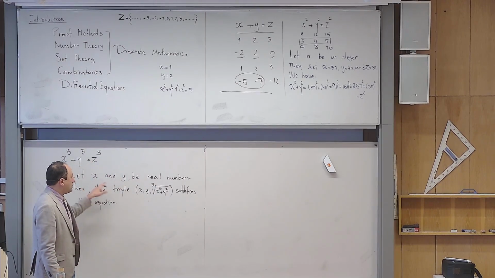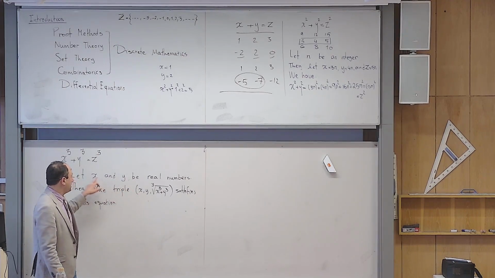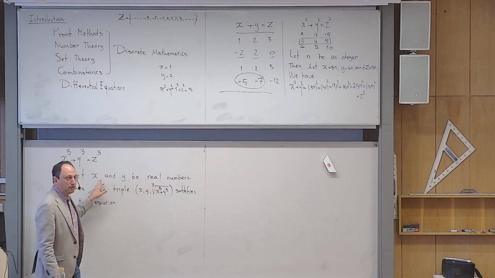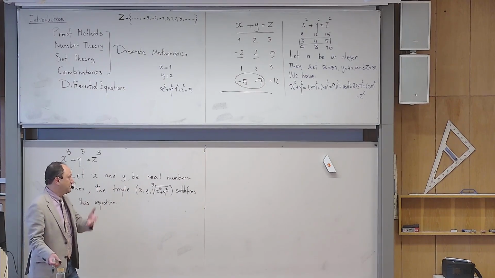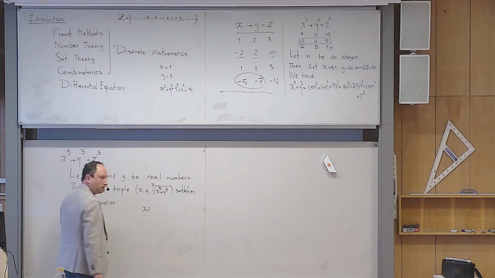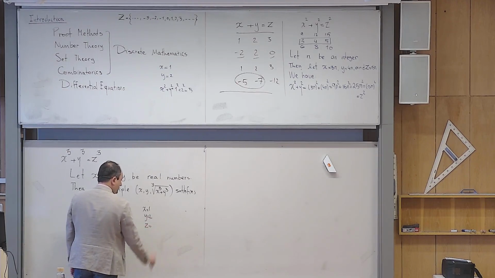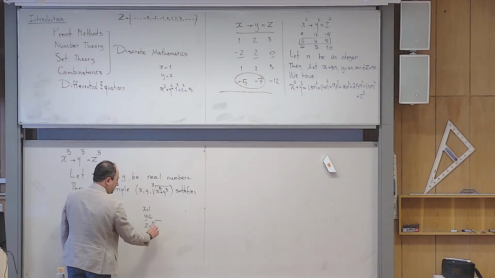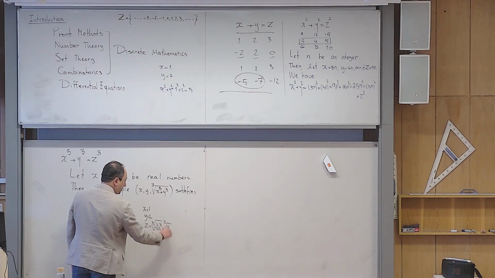Okay? But how many of these triples can you choose? Infinitely many. Because did I say anything about x and y? No, except that they are real. How many choices do I have for x and y? Infinitely many. So for every x and y, for example, if someone chooses x to be 1 and y to be 2, then that person should choose z to be the third root of 1 to the power 3 plus 2 to the power 3, which is the third root of 9.